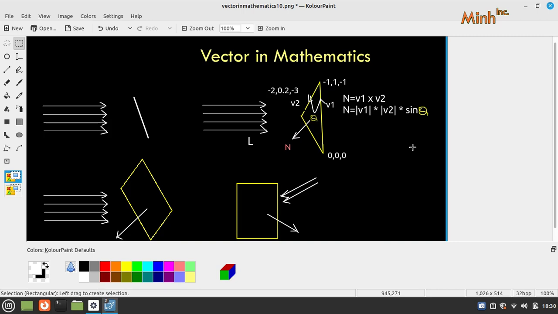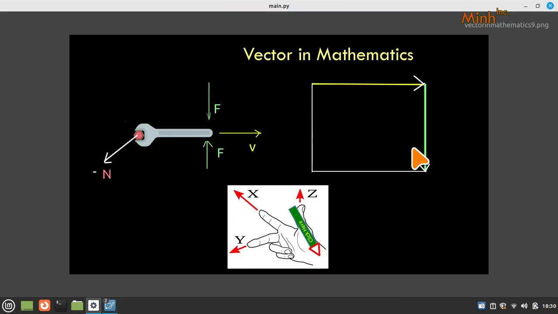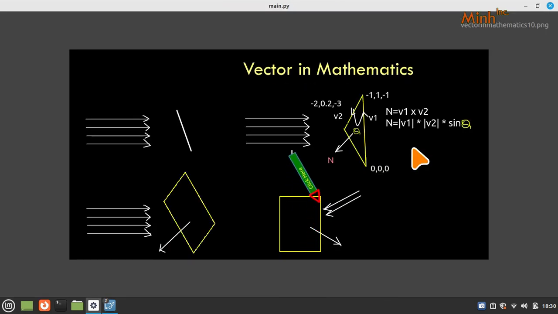So if theta is 90, then it is maximum, and it is proportional to the strength of vector 1 and vector 2. So n is magnitude of V1, magnitude of V2 and sine theta. It is dependent upon all three and we get n.